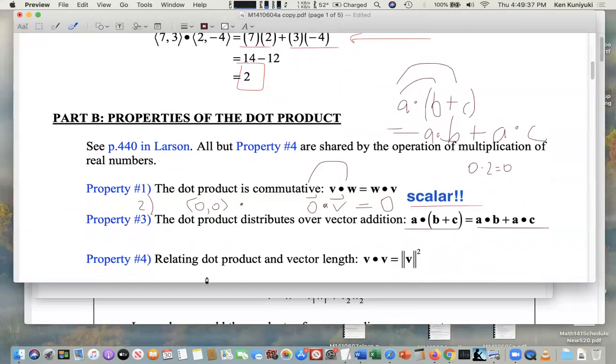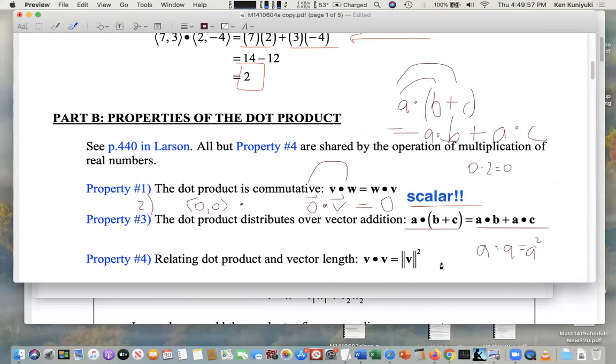Property 4. Now, the closest property we have in old school algebra is the fact that a times a, old school, was just a squared. Now, with vectors, the vector v dot producted with itself.